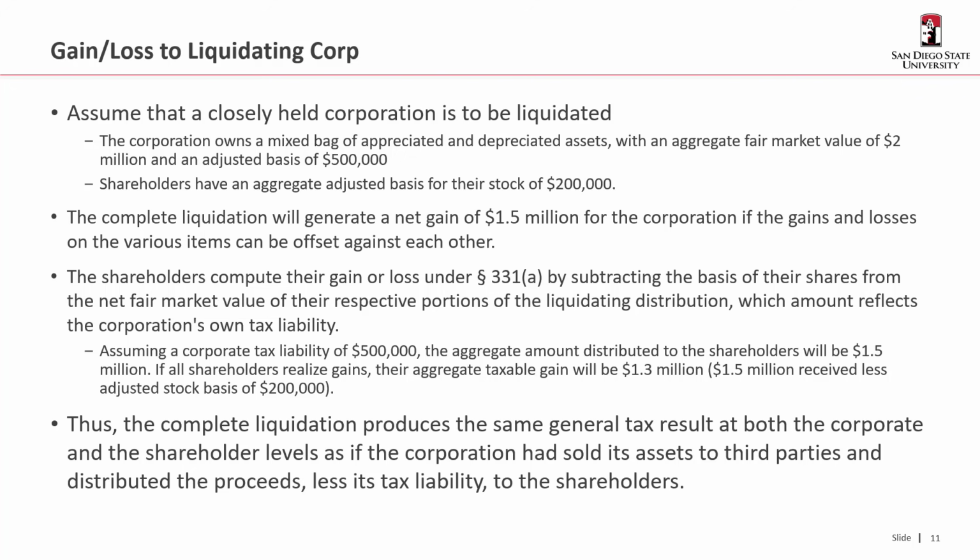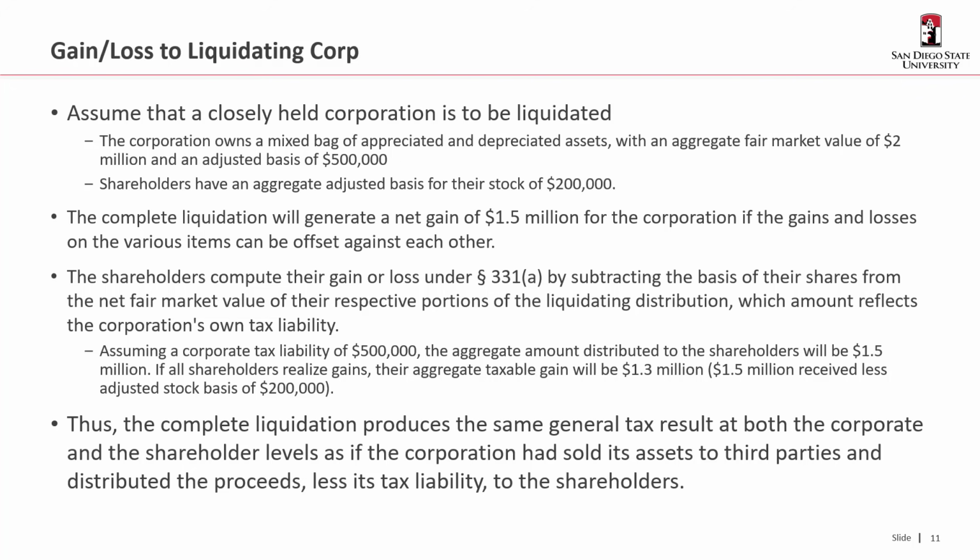If all the shareholders realize gains, their aggregate taxable gain would be $1.3 million, which is the $1.5 million that they received less their adjusted stock basis of $200,000. So what you'll see is the complete liquidation produces the exact same tax result at both the corporate and shareholder levels, as if the corporation had sold all its assets to third parties and distributed the proceeds less its tax liability to the shareholders.